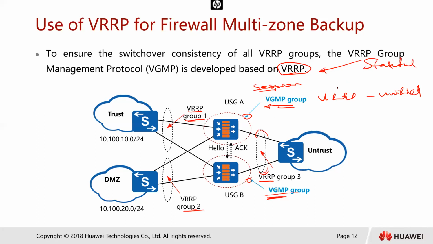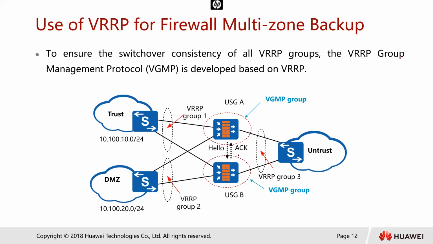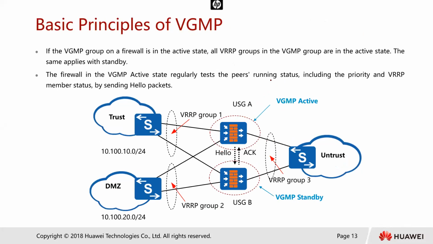So it will go ahead and say, okay, this guy is off. Now, based on what I know, I think this guy, B, is the most suitable to take up the role of being the designated survivor. So the basic principle of a VGMP group: if the VGMP group on the firewall is in the active state, then all groups in that VGMP group are in the active state.